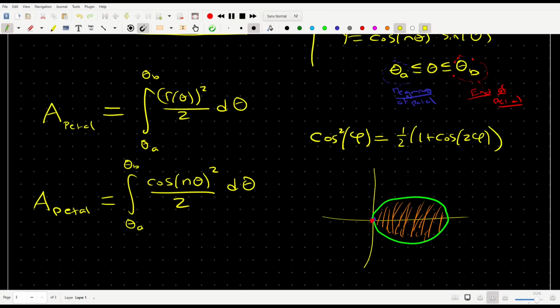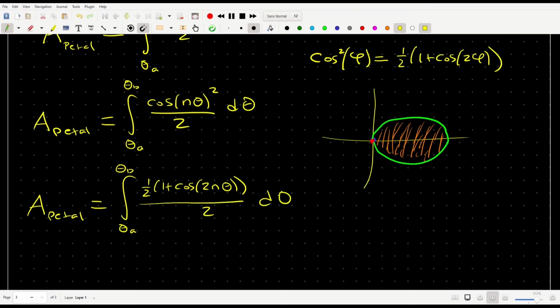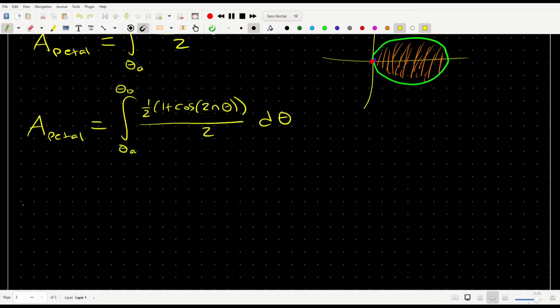And this is the best way of evaluating this integral, because this integral will just be the integral from theta A to theta B of 1/2 times 1 plus cosine of 2n theta, since phi is n theta here, all over 2 d theta.